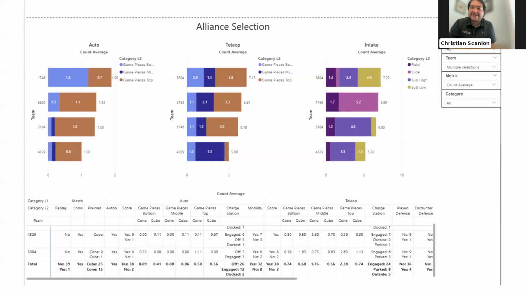But you still have to try something. And when we looked at the data and we looked at the numbers, now beautifully visualized, we said, hey, if we substitute our alliance captain, if they substitute themselves out, 5804, who's actually at the top of the teleop and intaking scoring metrics, that was our backup robot.